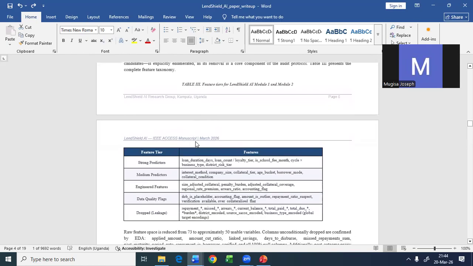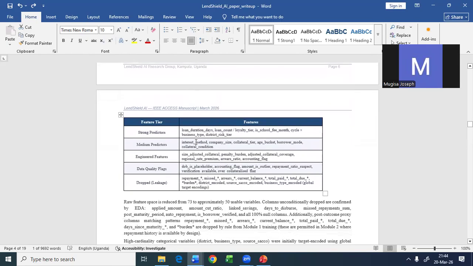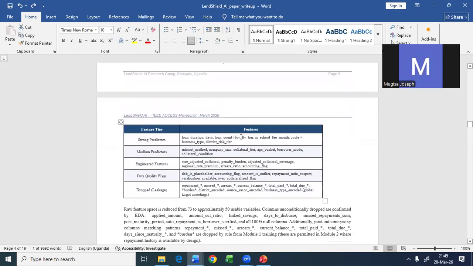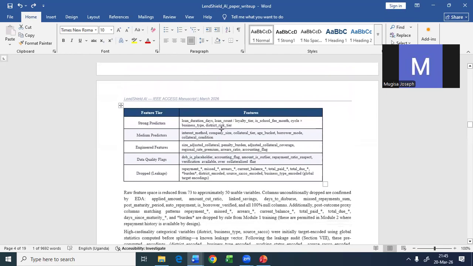And this table shows the strong predictors, the ones which we used to predict, and the strong predictors included loan duration, then the days, and the loan amount. As you can see, this is the first tier, then the second tier, the medium predictors: the engineered features, the data quality flags, and the debt leakage.